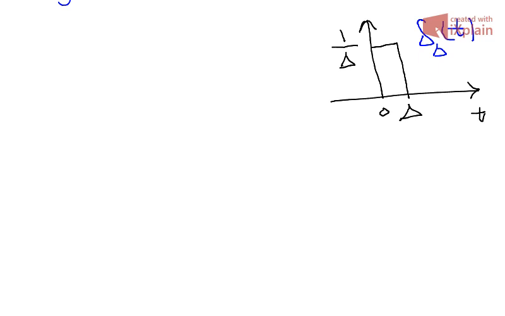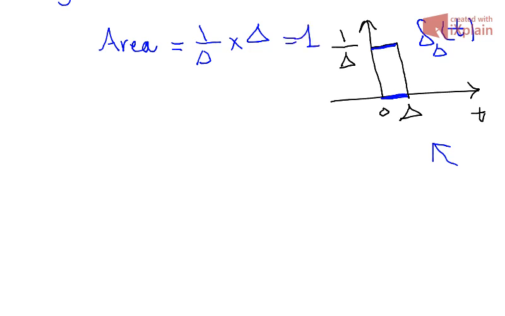This is a time domain function which has a finite duration, so we can generate it with some peak value. If you see the area of this signal, it's 1 over delta, the height, times delta, the width, which is unity. So the area of this signal is unity.